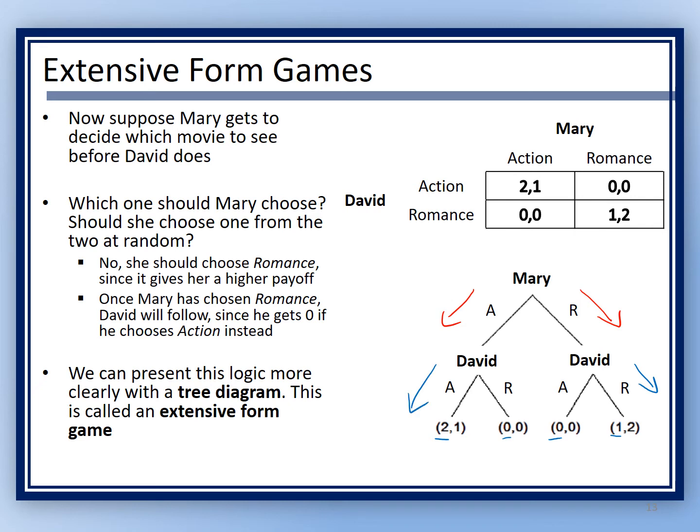So he's going to choose the action movie. For Mary, then, she's really just comparing between the action movie with David and the romance movie with David. She doesn't need to consider the two cases where they go separately, because that would not happen if Mary gets to choose first.